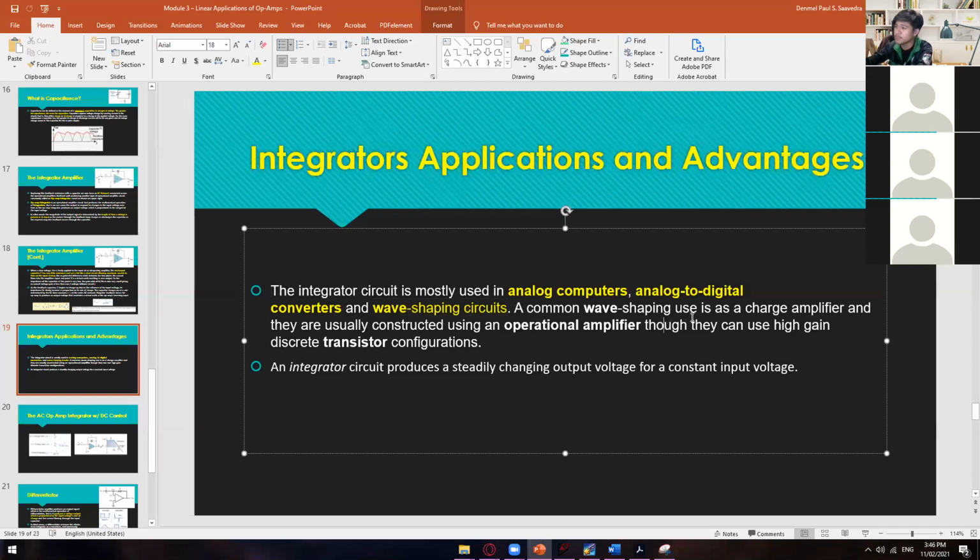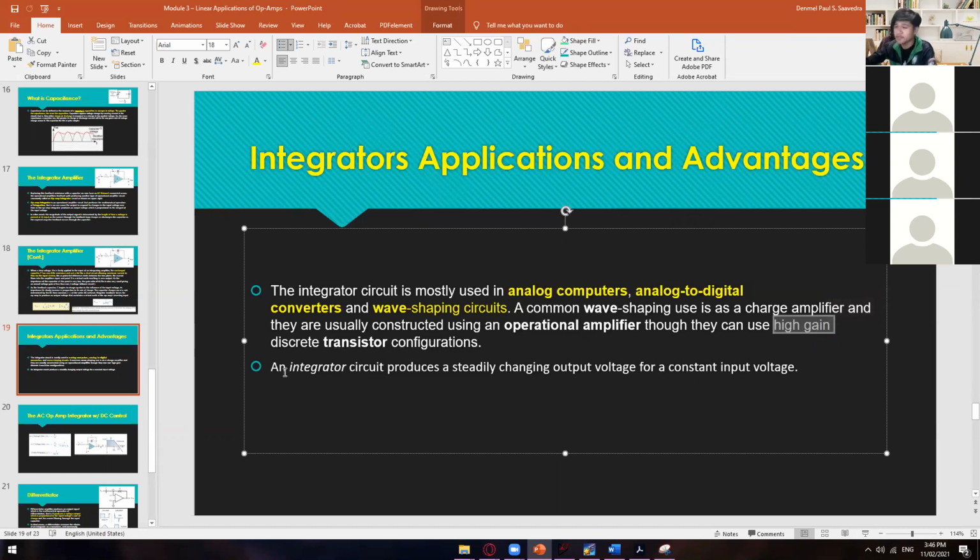A common wave shaping use is a charge amplifier, and they are usually constructed using an operational amplifier, though they can use high gain discrete transistor configurations. Any op amp can actually do it, but of course there is a con wherein you're going to get a very high gain, like an infinite gain.